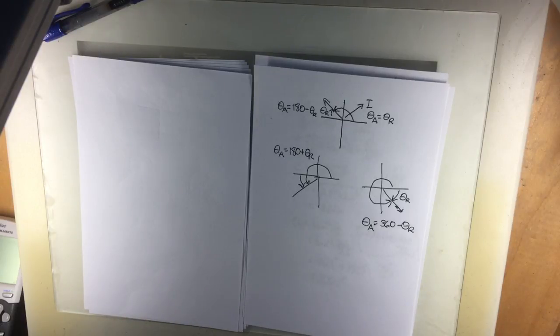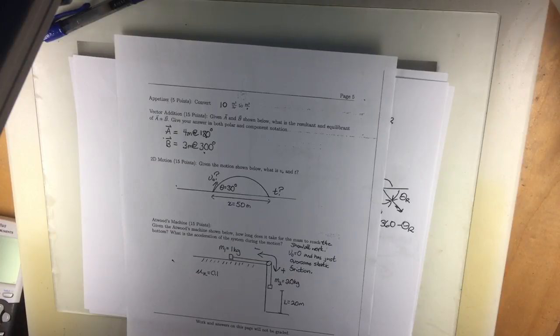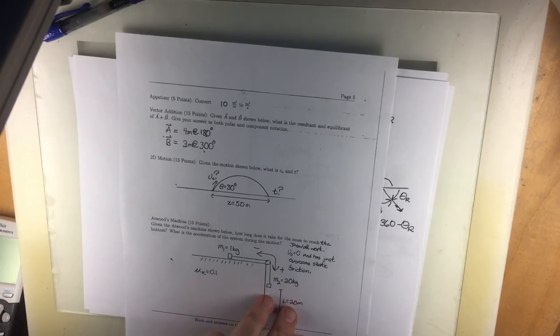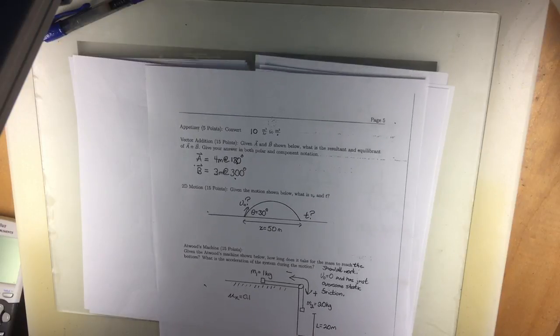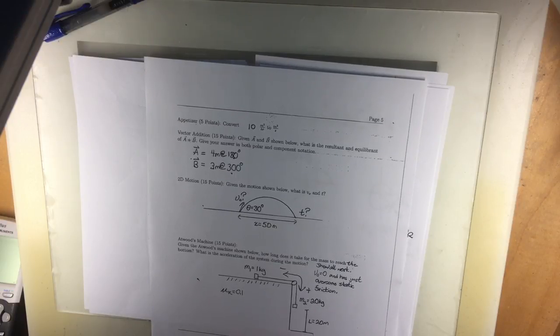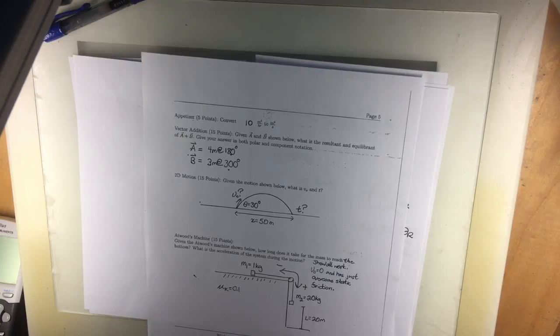Now, next question. The 2D motion problem. Flat surface. Personally, when I see a flat surface 2D motion problem, I get all excited because it's just so easy. One of the things I will promise you, there will be no problem where the quadratic solution equation is necessary.